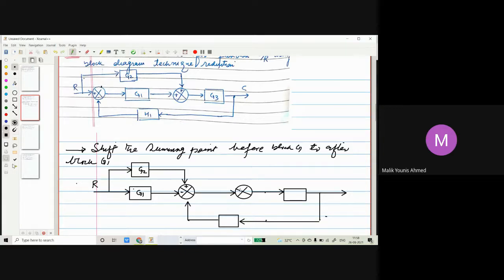Now here it is plus plus. This we have done wrong. This is going to plus plus, not to this one. So this is going to plus plus.